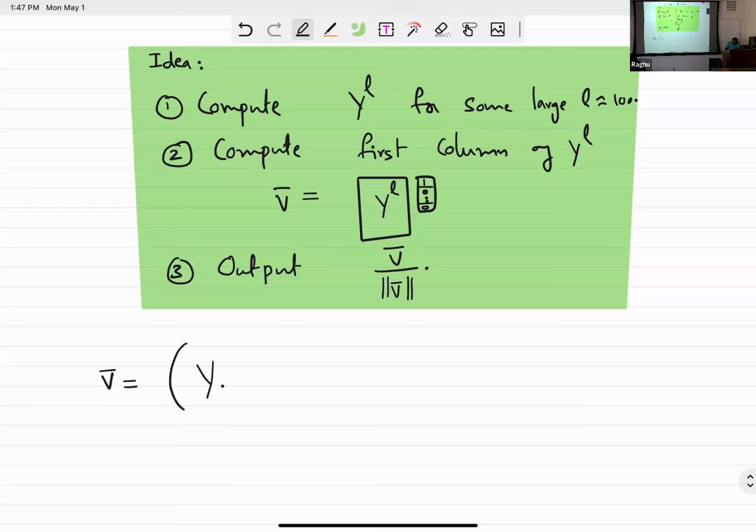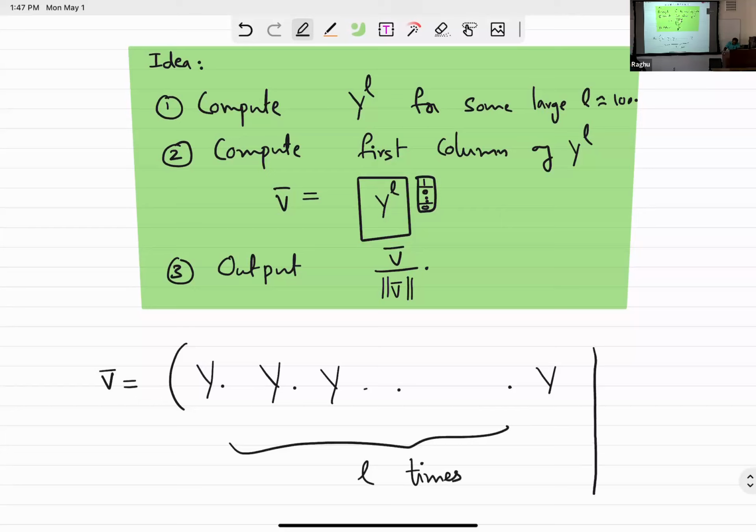I would write y to the L as y times y, L times, times the first basis vector, and this is what I have, right? But I'm not going to do the multiplication in that order.